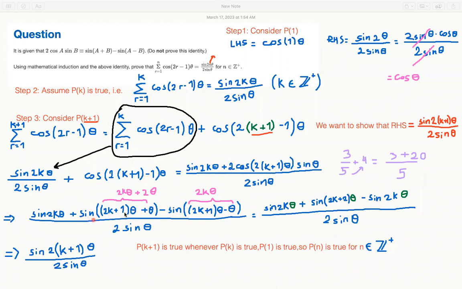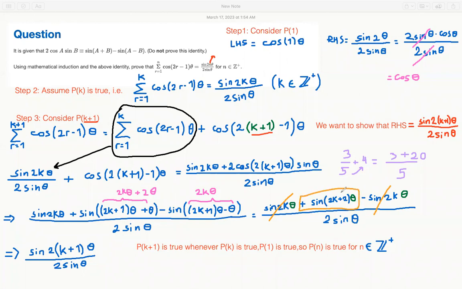Now I need to do some simplification over here. 2(k + 1)θ is 2kθ plus 2θ. When you expand this, you get this expression, and in this case you get sin 2kθ. Let's check this part: sin 2kθ cancels with negative sin 2kθ, and I just get sin(2k + 2)θ over 2 sin θ.